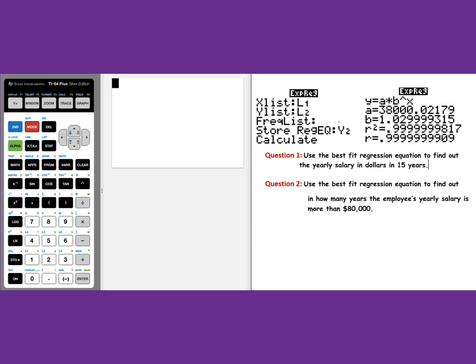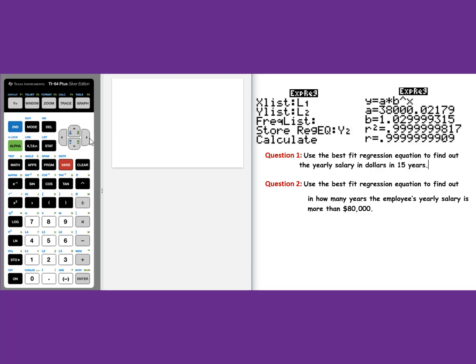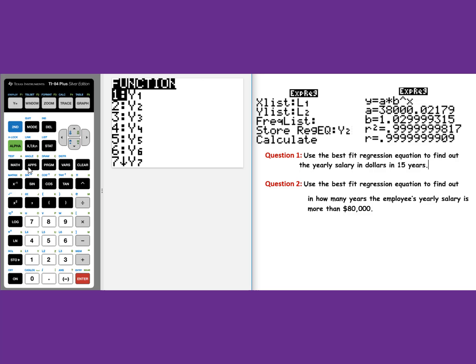First of all, we already know we stored the regression equation in Y2. Therefore, I can do Variable, find the Y2 first, Y2.